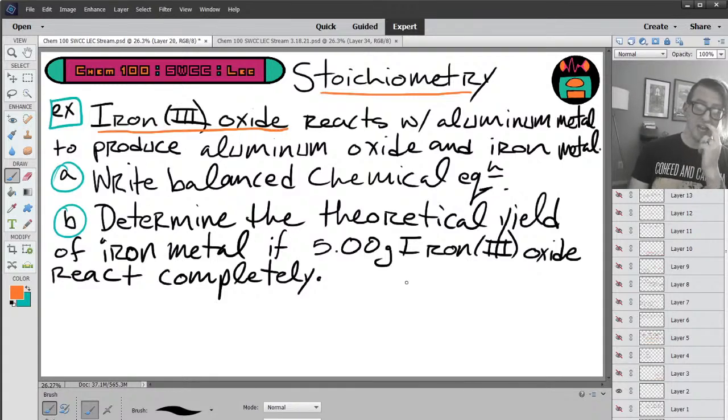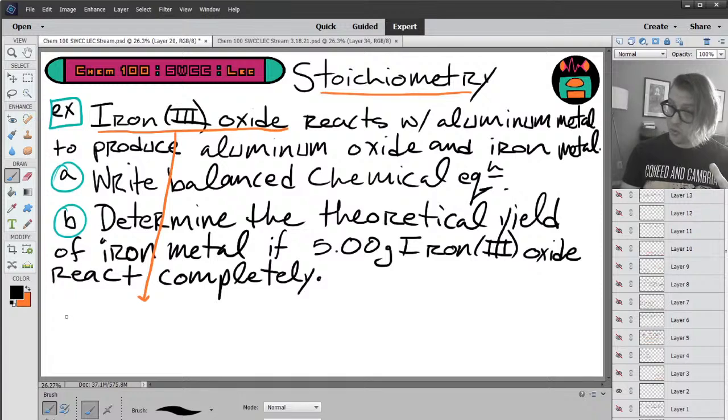All right, so starting with iron 3 oxide. Iron is a transition metal, so we can't determine its charge from the periodic table, but we do know the charge because we're told, right up there in parentheses.